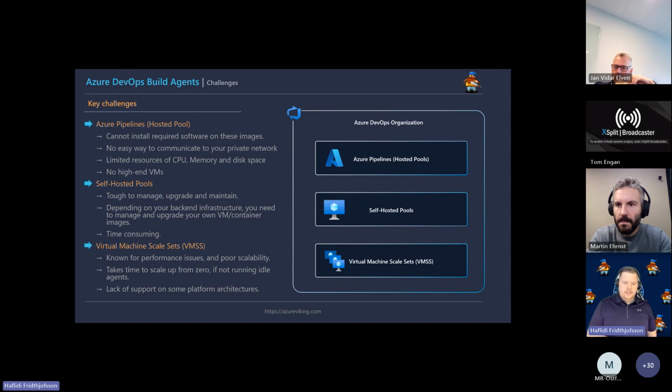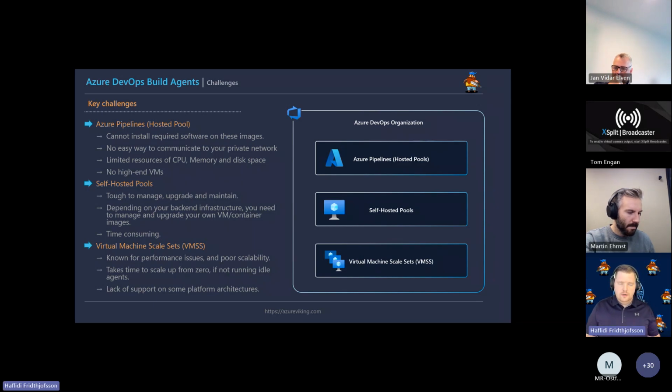For the virtual machine scale sets, there are some known performance issues. They have sometimes been known for poor scalability because they tend to scale down to 0, unless you actually define a running idle agent, which is also going to cost you when it's running. So if it's idle and waiting for a pipeline to start, it's going to cost you.